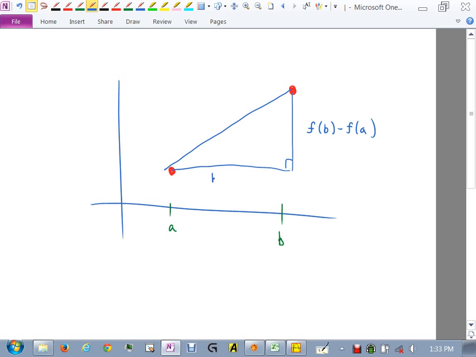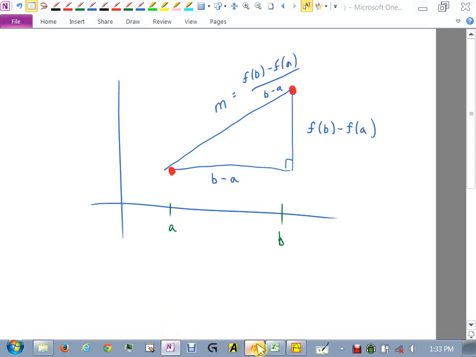Your change in x is b minus a, isn't it? Rise over run would be this over this. That's f of b minus f of a over b minus a. So the slope of the line connecting the 2 endpoints is f of b minus f of a over b minus a. Understand?